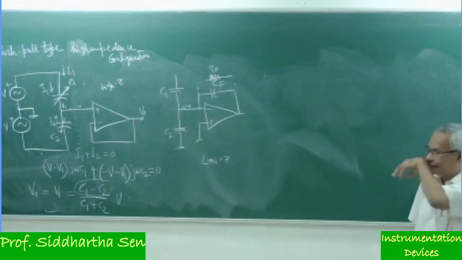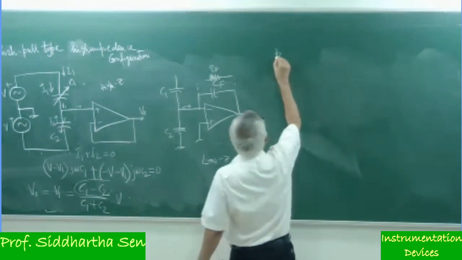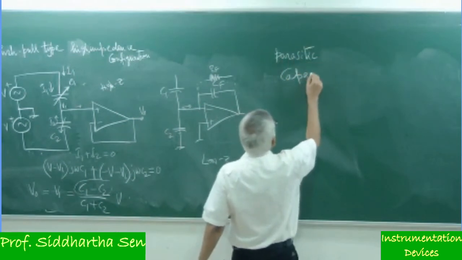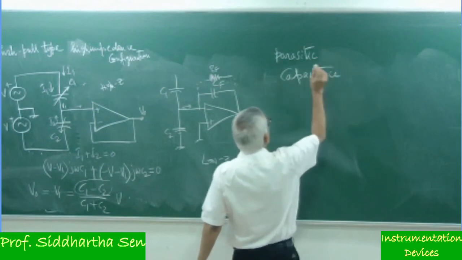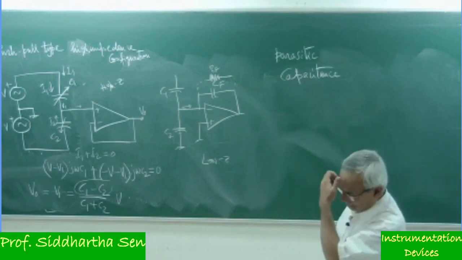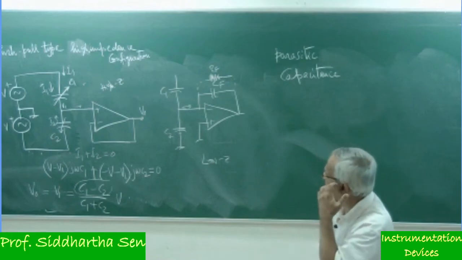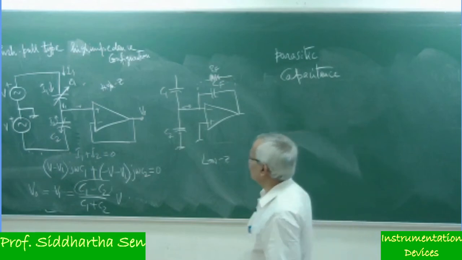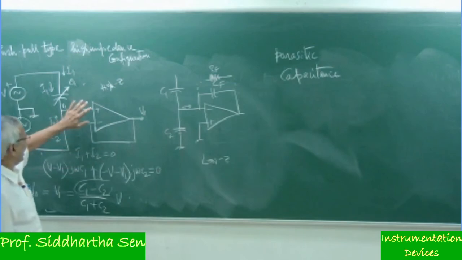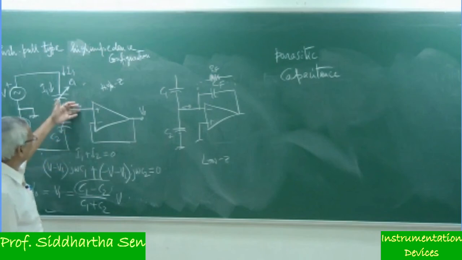The disadvantage comes in terms of what we call parasitic capacitance. As I told, the parasitic capacitance is a major problem for dealing with actual electronic circuits and particularly instrumentation. Say for example, this is all connected like this. If we put your hand nearby the wire there would be a capacitance between the hand and this one.